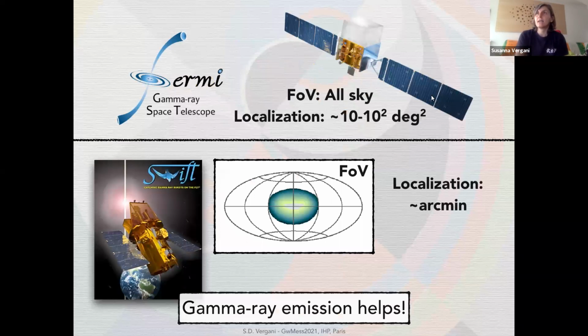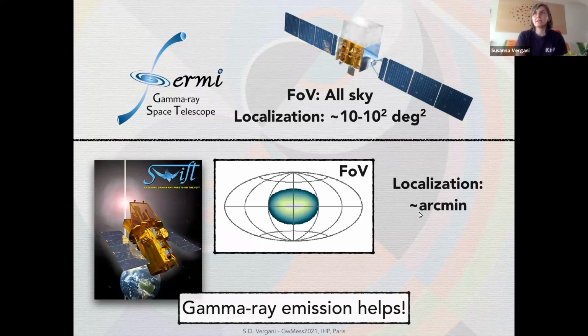The Fermi satellite can observe almost all the sky, always, so it has a very large field of view, and its localization can be pretty good, okay? Then we have the Swift satellite. The field of view is a bit smaller, but still pretty large. And Swift can give us a very nice localization, at least from our electromagnetic point of view.